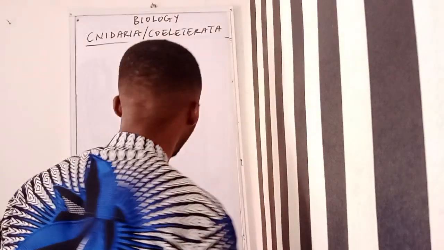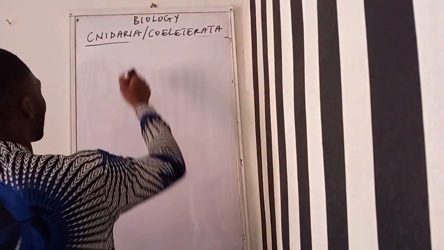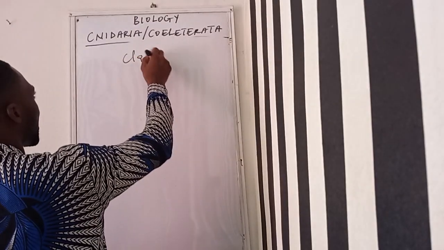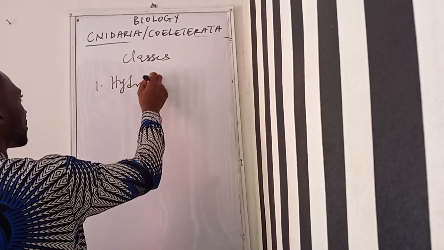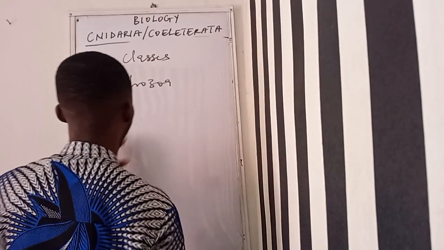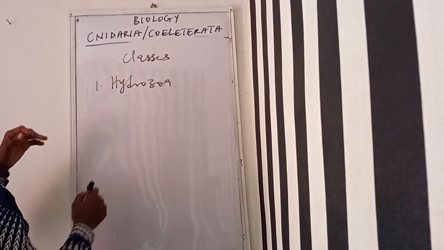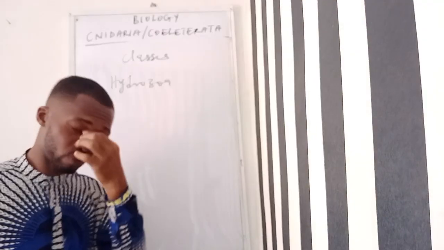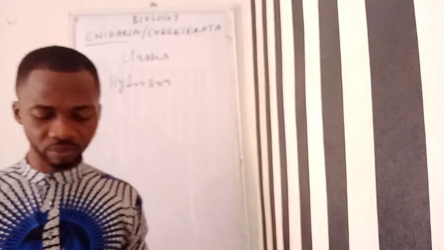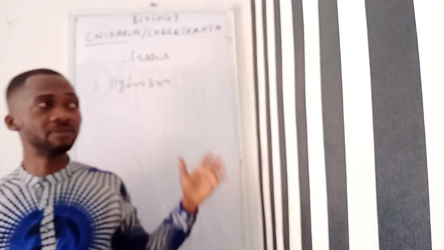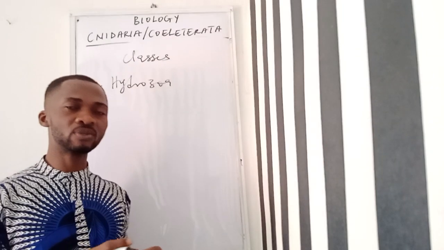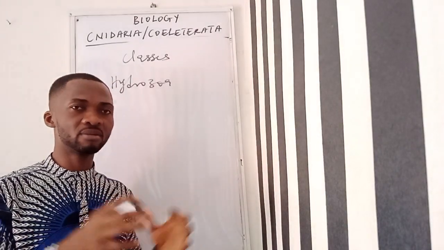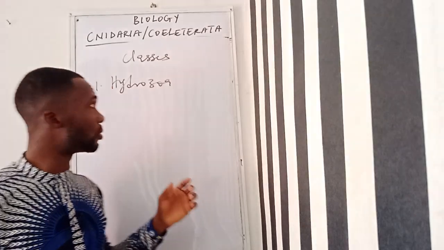So apart from these characteristics, the next thing is to talk about their classes. We have the first class, which is called the hydrozoa. Members of hydrozoa actually live in colonies. That means they are found aggregating together in colonies.